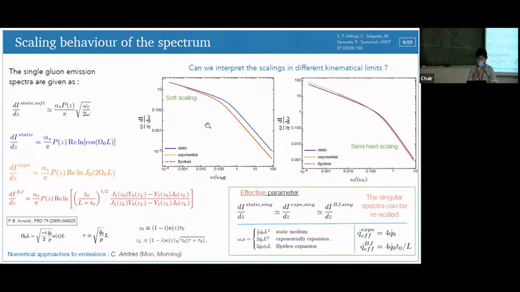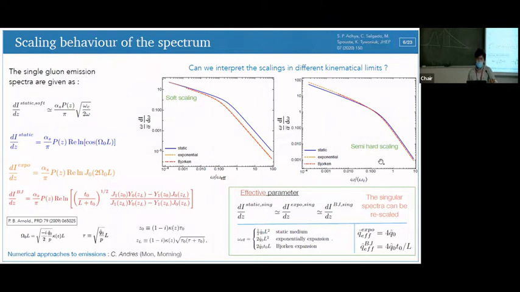This was also stressed in the earlier talk by Carlota yesterday, when we try to scale the single gluon emission spectra with some average value of q hat, where omega c is basically half of q hat L squared. So when you take the average value of q hat for different kinds of media, you see a good semi-hard scaling in the hard part of the spectra.